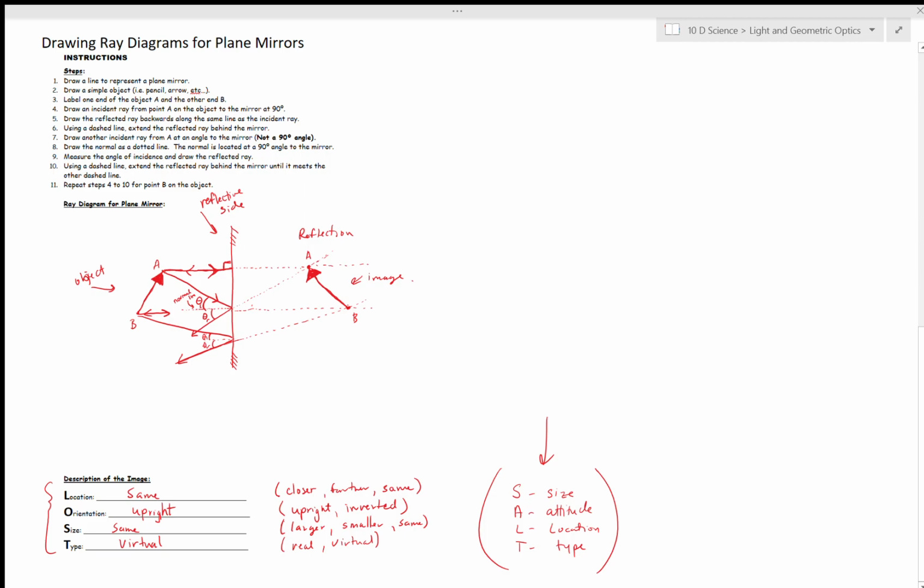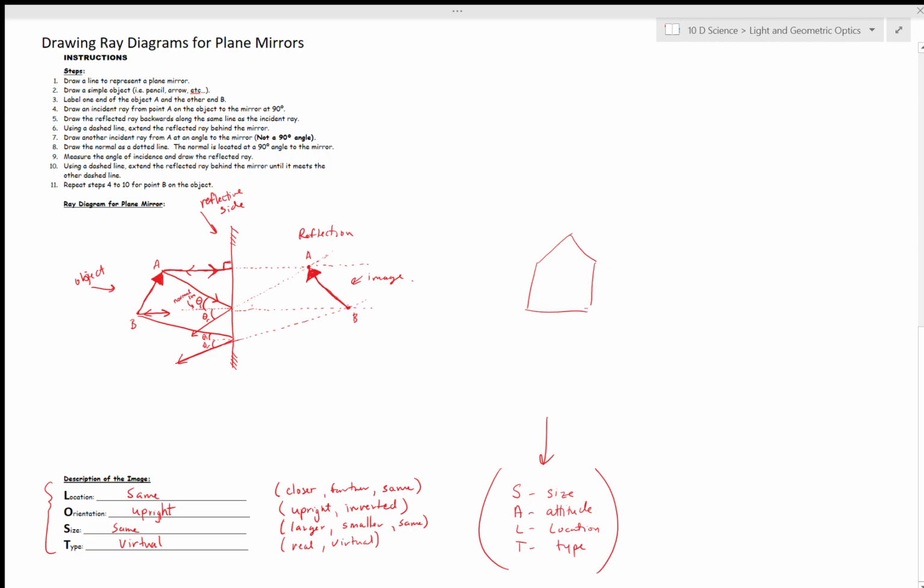That's because there are an infinite number of rays. So of course, the more of these steps that you follow, the more accurate your image is going to be. In the practice, and you guys will have already opened up the sheet, you'll find that one of them is a pentagon.